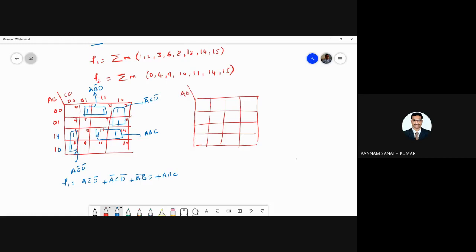So this is AB, and this one is CD. 00 01 11 10, 00 01 11 10, and the cells 0 1 2 3 4 5 6 7 8 9 10 11 12 13 14 and 15. Okay, so if you write the minterms, 0, 4, and next 9, 10, 11, 14, 15.